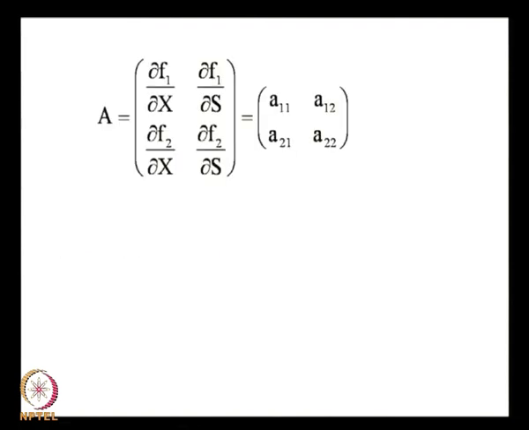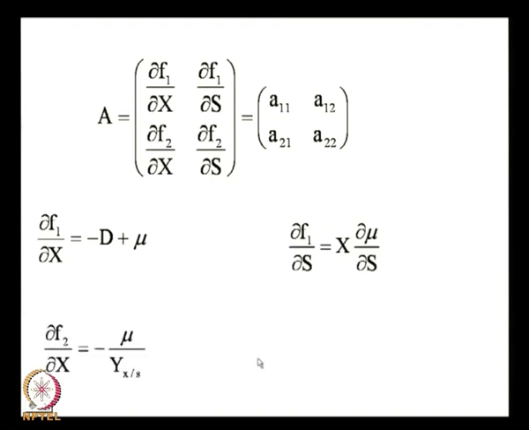So, what we did was we took the matrix A, which was del f1 del x, del f1 del s, del f2 del x, del f2 del s, and we obtained the four terms A11, A12, A21, A22. So, A11 is this, A12 is this one, A21 is this, and A22 is this one, right.